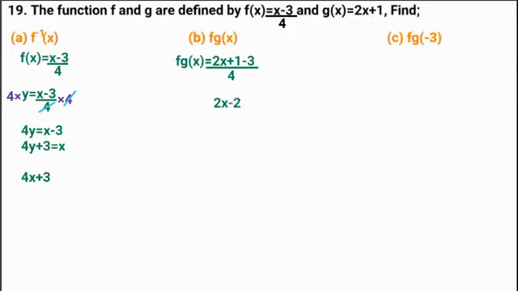Then we'll say over 4. Then I'm going to factorize the numbers that are on top. Why? Because I want to simplify the equation. So first I'm going to factorize it.